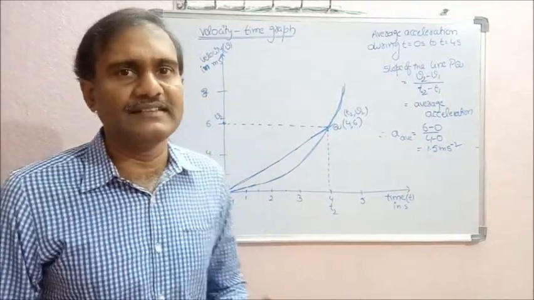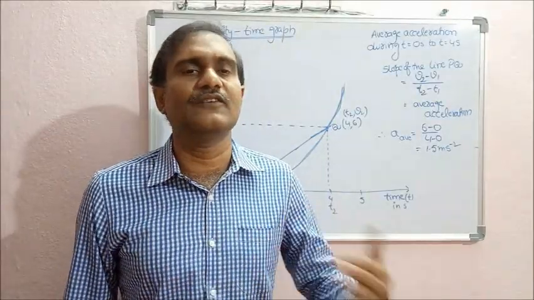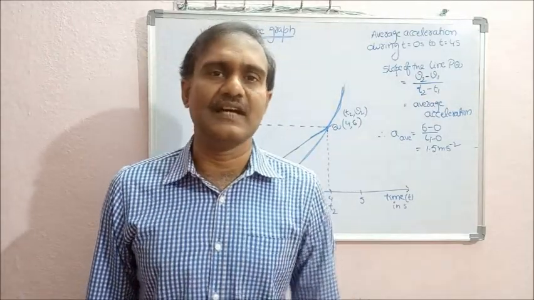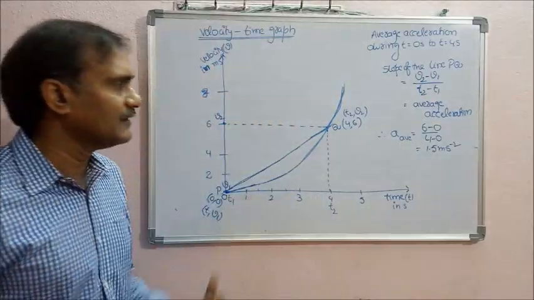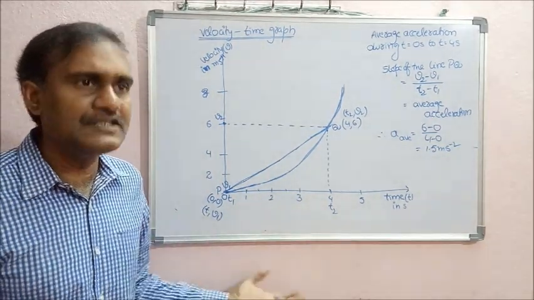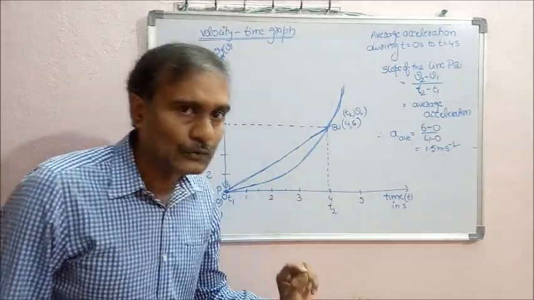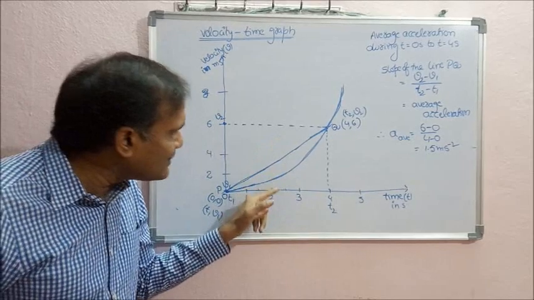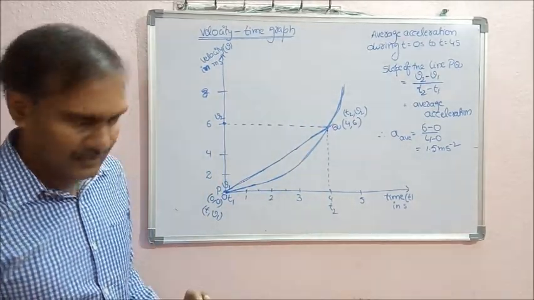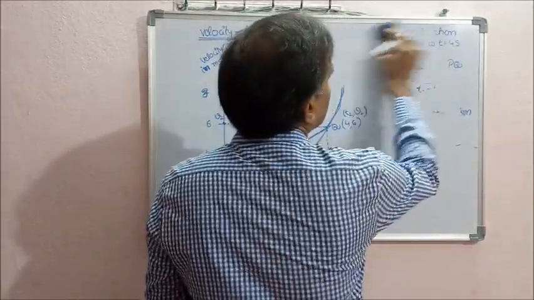A similar concept was discussed in the case of average velocity and instantaneous velocity. Similarly here, if we decrease the time interval and it tends to 0, then this line PQ becomes the tangent to this curved path. Remember that.